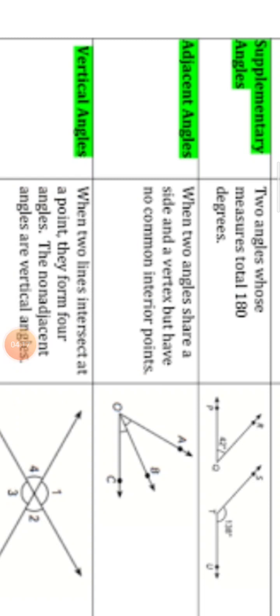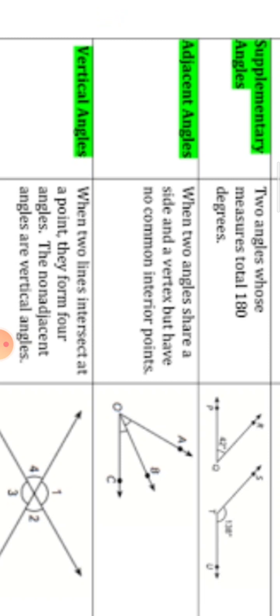Next is adjacent angle. Now what are adjacent angles? When two angles share a side and a vertex but have no common interior points. Angle AOB has a vertex O, angle BOC again has a vertex O, so they have a common vertex, and one common side is OB.